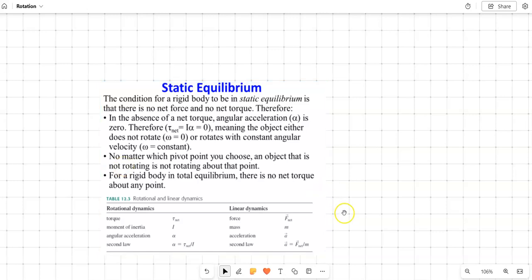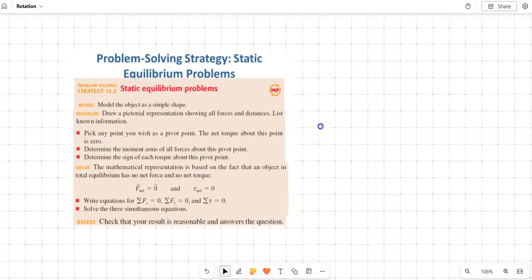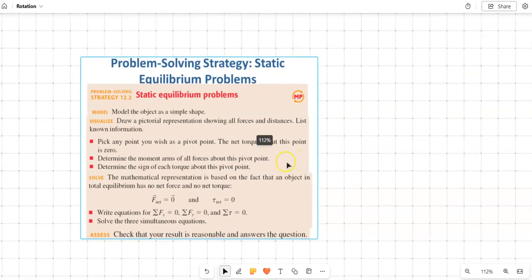Okay. All right. So there are some strategies to doing these problems. Again, you could pick any point you wish as a pivot point. One of the things we're going to do is determine all forces about a pivot point. So we're going to sum the torques, but we're also going to sum the forces about a pivot point.